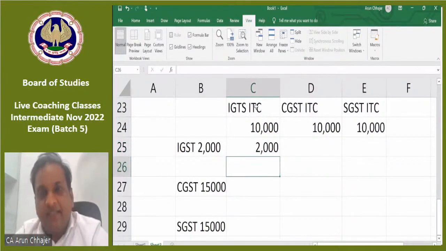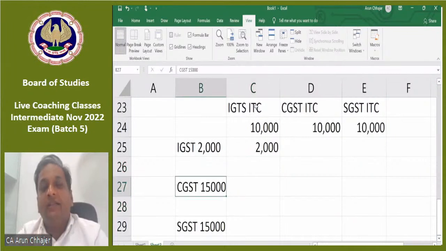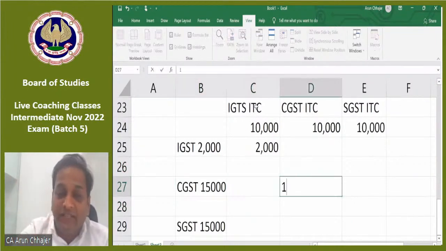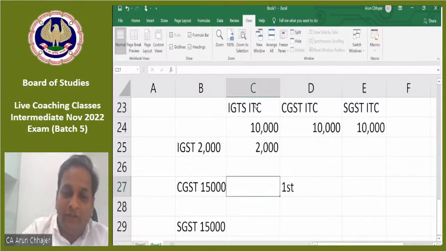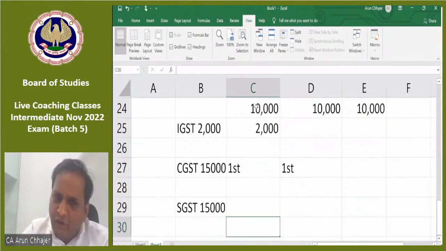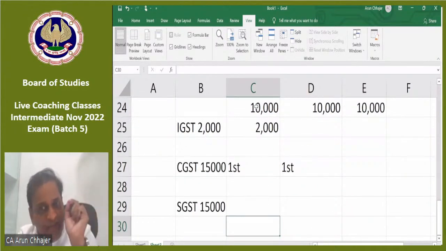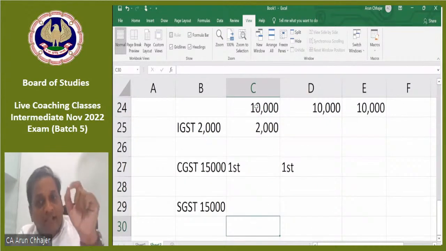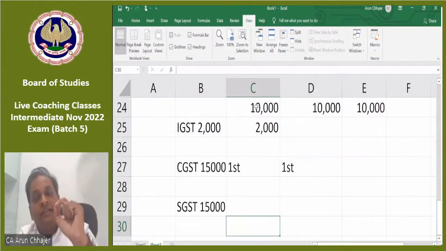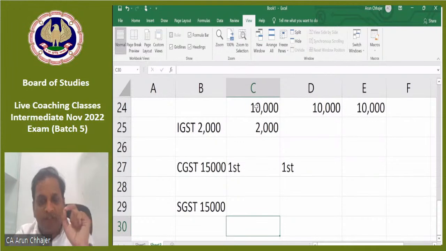Now my second question. CGST needs 15,000. Will it take first from CGST or will it take first from IGST? Kindly give the answer. IGST has excess balance, and CGST also has excess balance. What would be the first preference of the CGST to take the amount?